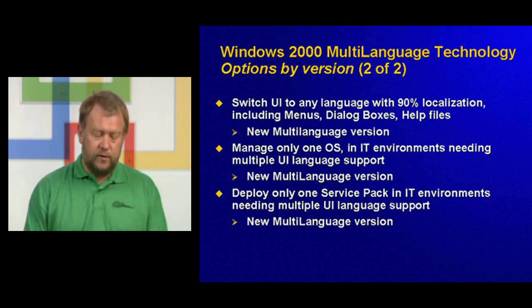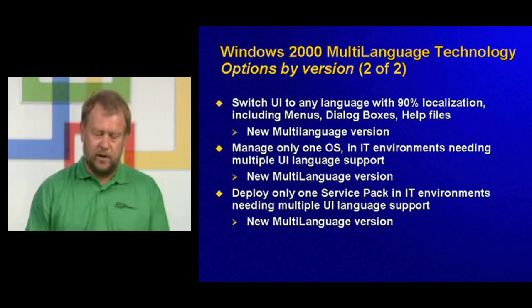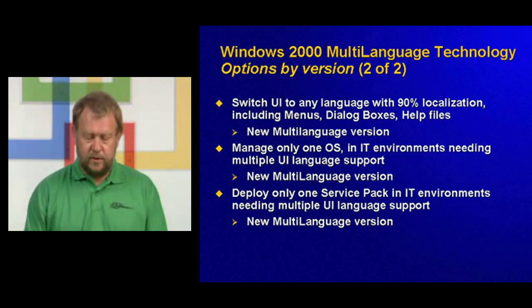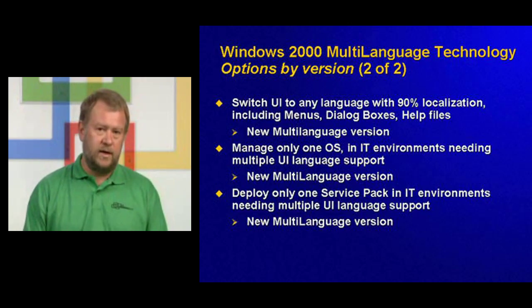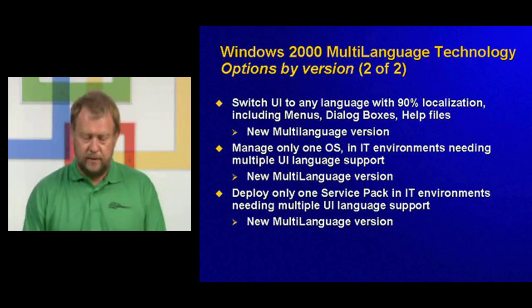The multi-language version is also, of course, enabled for all supported languages, but it allows each user to set the user interface language as he or she would prefer. And as it says here, about 90% of the user interface is localized. It's only some very small part of it that's not localized. All right, so menus, dialog boxes, help files, and so on. And some of the file names and so on, as we discussed earlier, are not localized.